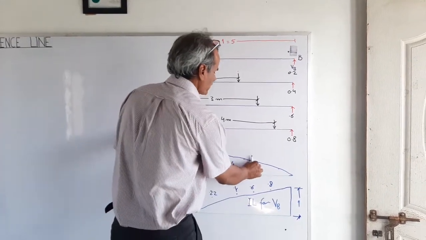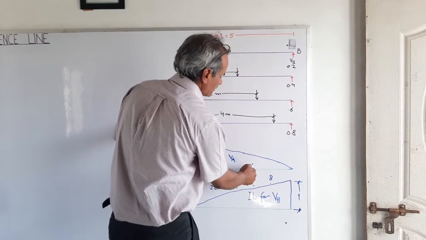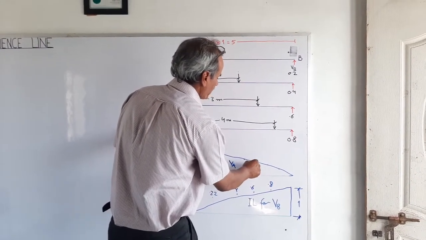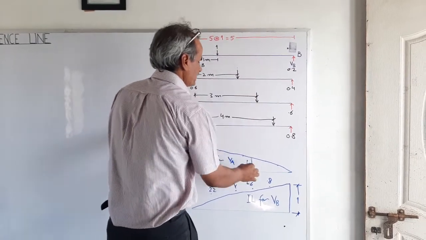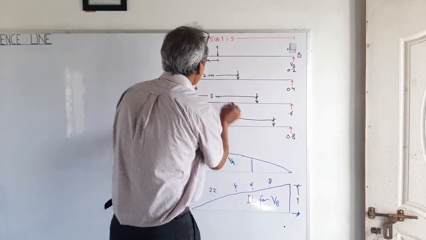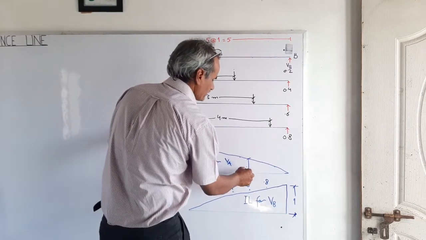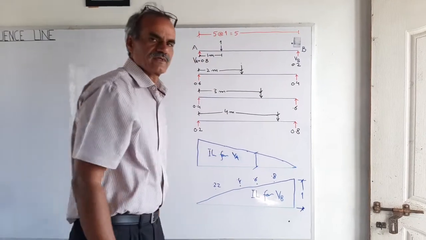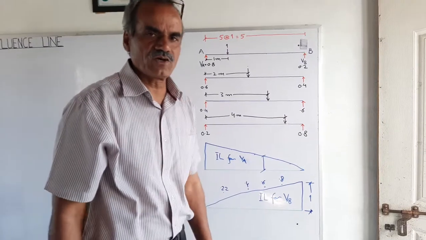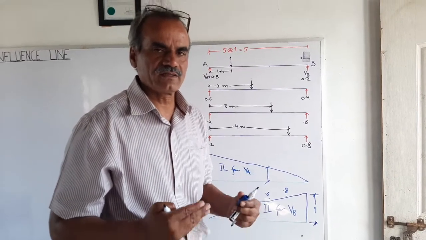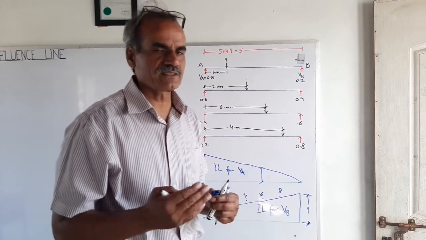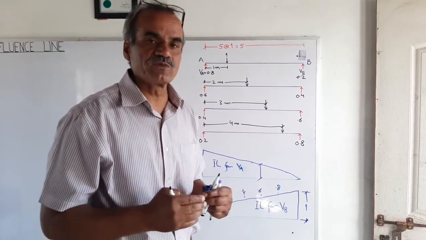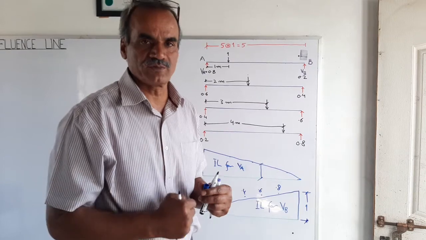When the load is somewhere over here, the reaction at A is this ordinate. So that is how we draw the reactions influence line based on our previous knowledge. Now let's move to the shear force and bending moment.